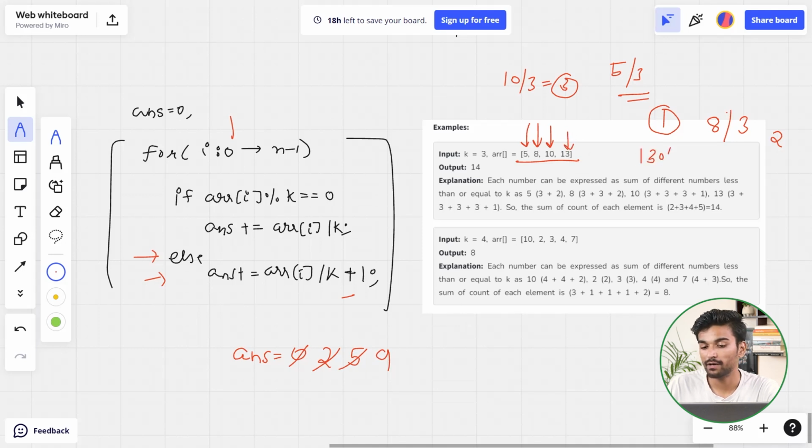So try to divide 13 by 3. We will be getting some remainder. It means that it is not divisible. So just go to the else part and find out 13 divided by 3. It will give you 4, and also add a plus 1 because of the remaining part. So 9 plus 5 gives 14. Okay, so that's how our answer will come up as 14.